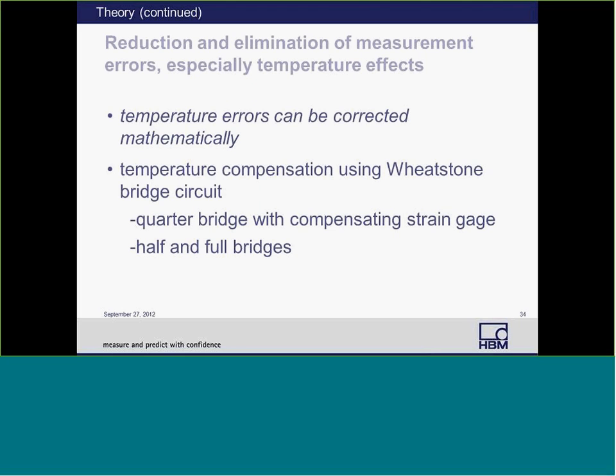Now, going on, we want to reduce and eliminate measurement errors, especially the effects of temperature. Temperature errors can be corrected mathematically, and temperature can be compensated using the Wheatstone Bridge circuit by using a quarter bridge with a compensating strain gauge or half and full bridges.